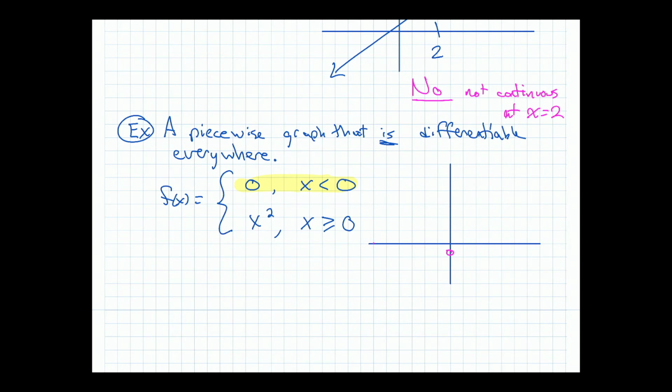So on the left side of 0, this is what you have. Now on the right side of 0, you have y equals x squared. That's a parabola. It goes through (0, 0), (1, 1), (2, 4), like this, and it goes up. That kind of looks very steep, but that's not vertical, right? That's just a parabola. It just happens to look pretty steep here.